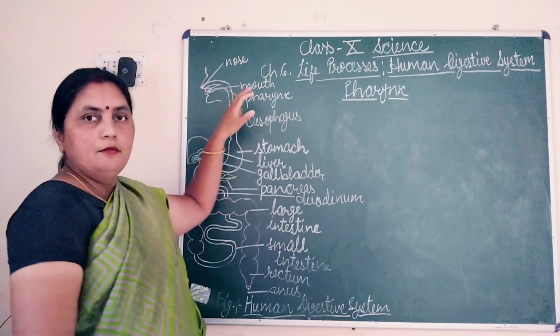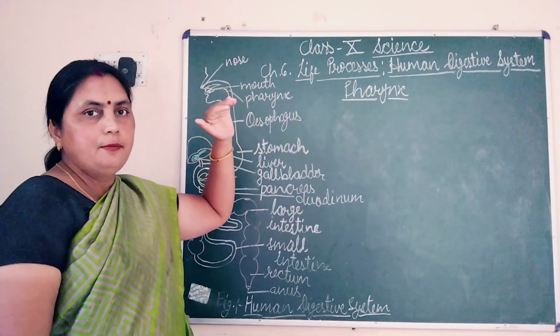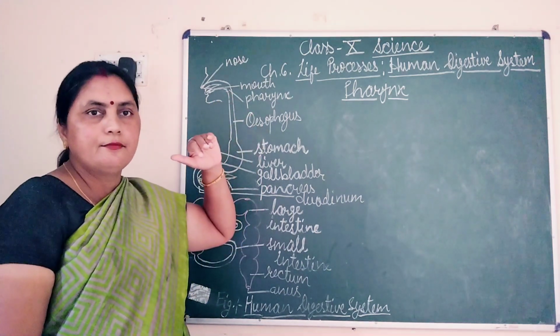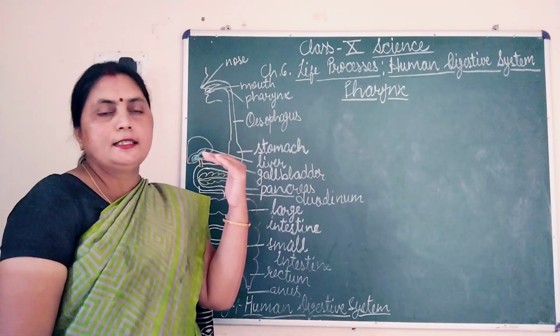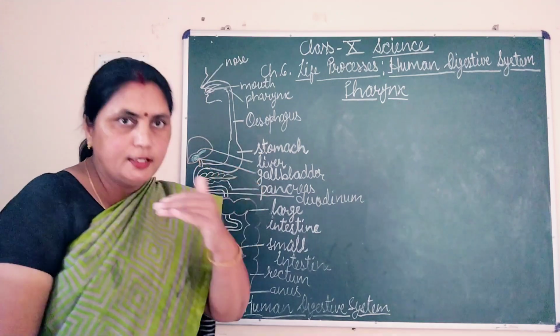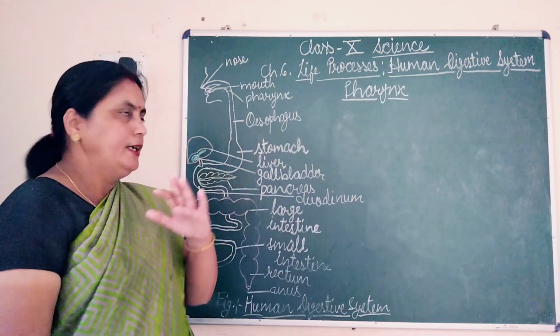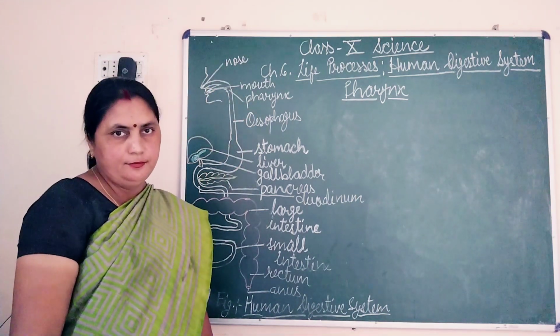So at the top of the buccal cavity, the nasal passage is running, and the buccal cavity and nasal passage are separated from each other by the roof, that is the palate. But after crossing the region of the palate, these two open into a broad tube called pharynx.